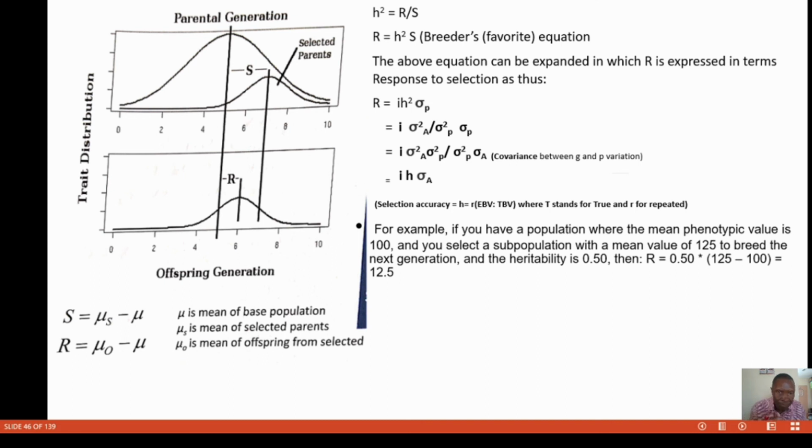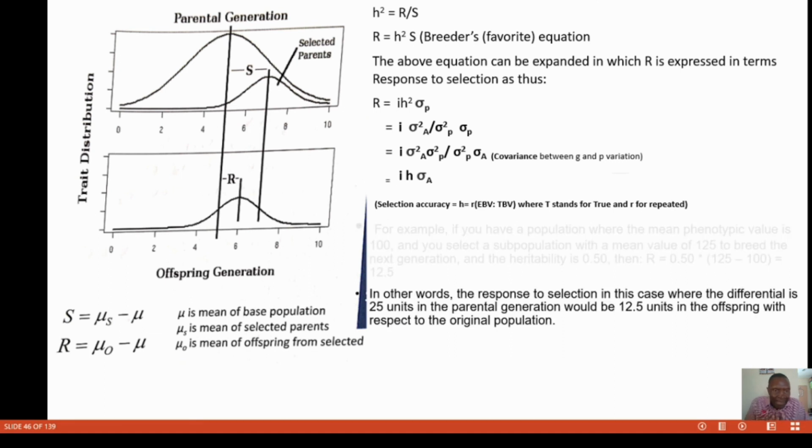Let's go back to an example of this, and we've looked at that of birds already. If you have a population where the mean phenotypic value is 100, and you need a subpopulation with a mean value of 125 to breed the next generation, and the heritability we are given is 0.5, then the response to selection would be the product of that times this selection differential, which equals 12.5.